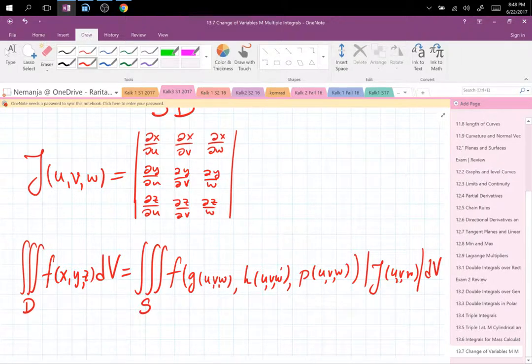Water and electricity work well together.